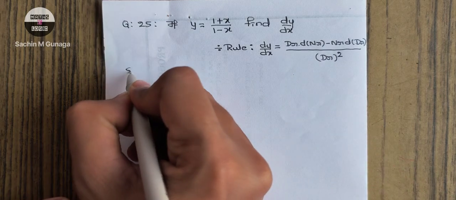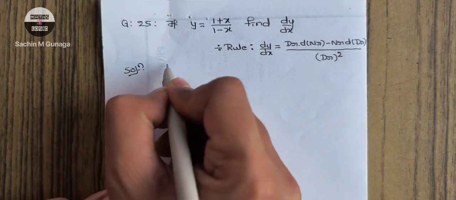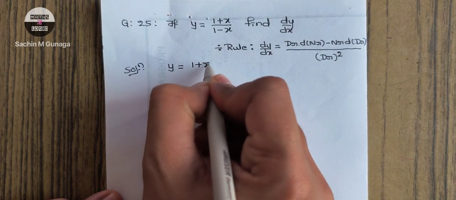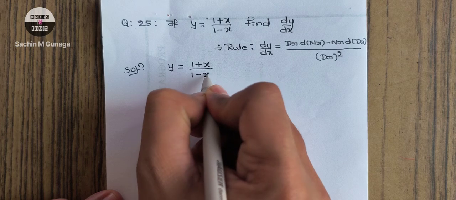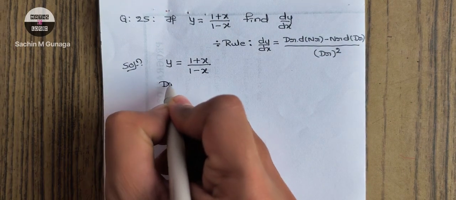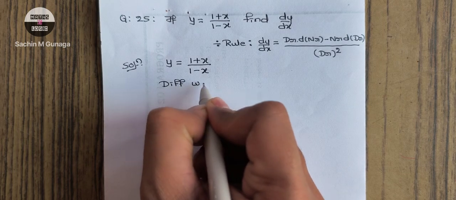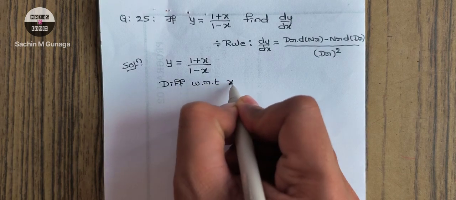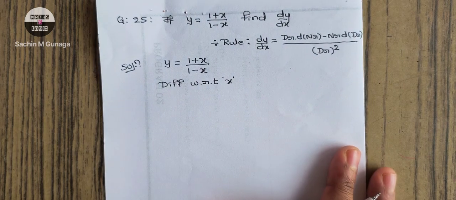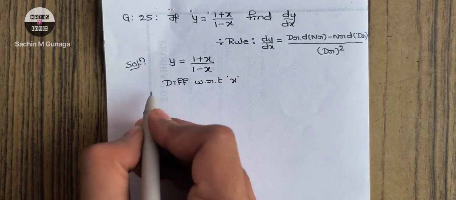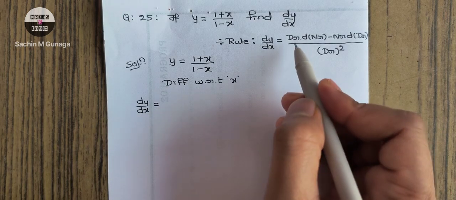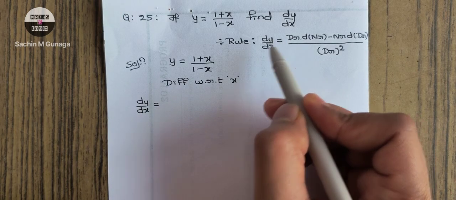Therefore in the solution, first write y is equals to 1 plus x divided by 1 minus x. Next, differentiate with respect to x. The differentiation of y with respect to x, dy divided by dx, is equals to, applying the division rule, the denominator value kept as it is.